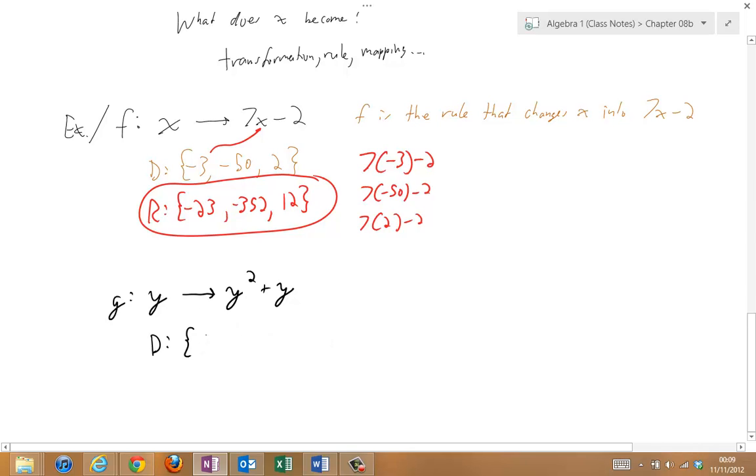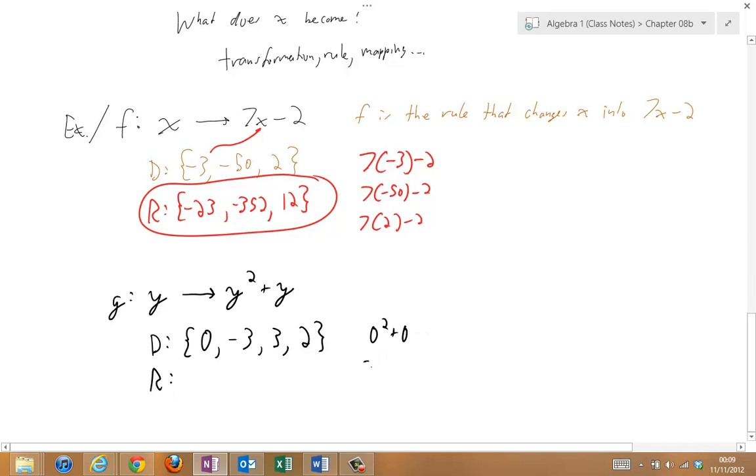Here's my domain: 0, -3, 3, and 2. Okay, go ahead. Let's figure out what the range is. If this is the domain, and I want to find the range, I'm going to plug each of those values in. Let's start with 0: 0 squared plus 0.